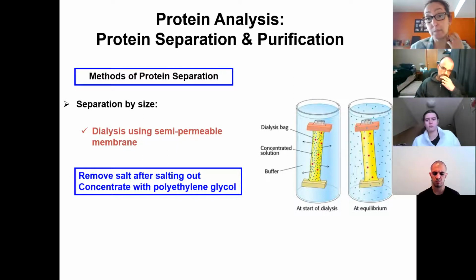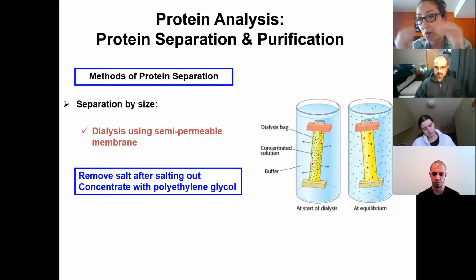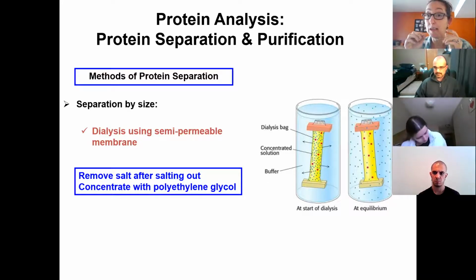So dialysis is basically you take a tube of a membrane. I usually bring it to share with the class so you can visually see the tube. The tube is very thin material and it has pores, and you can purchase tubes with different pore sizes.